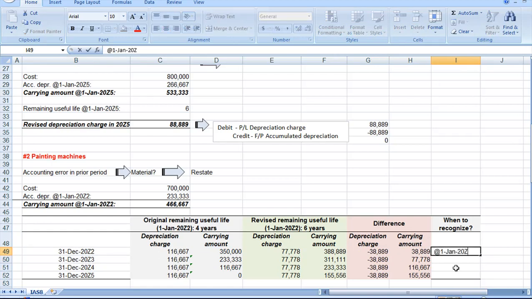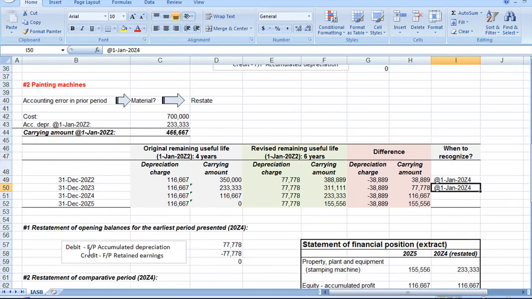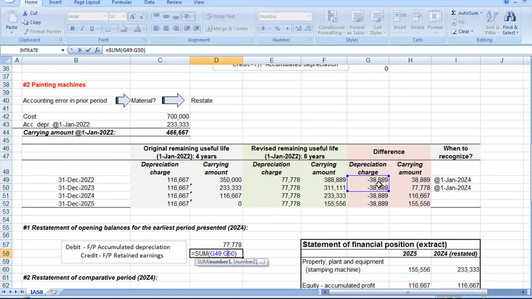So the entry is to debit accumulated depreciation and credit retained earnings in amount of 77,778, while that's sum of the differences for 2 years. Well, remember, we are decreasing our depreciation charges in the previous periods, so that's why the entry is not vice versa.